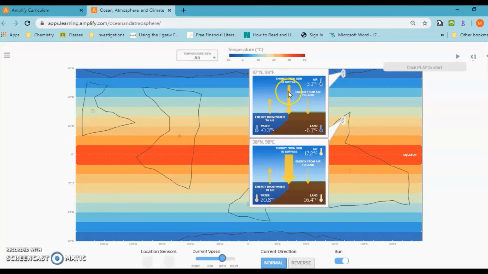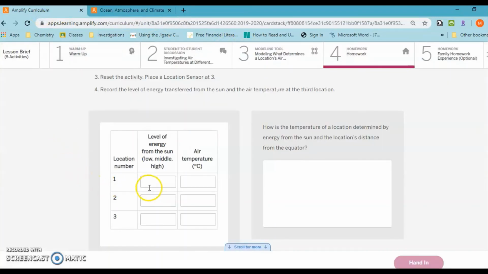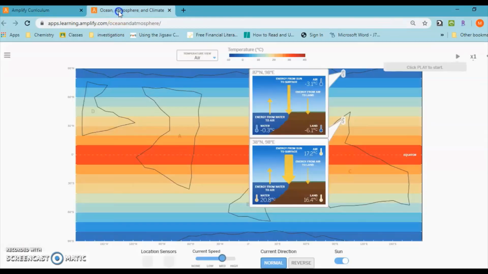The energy from the sun, let's see. From looking here, I can see that it's this bright blue, and so the temperature is -10. So we know that that temperature is showing us that we have a low energy from the sun. We have low energy from the sun.